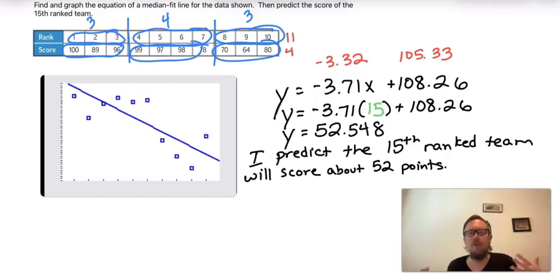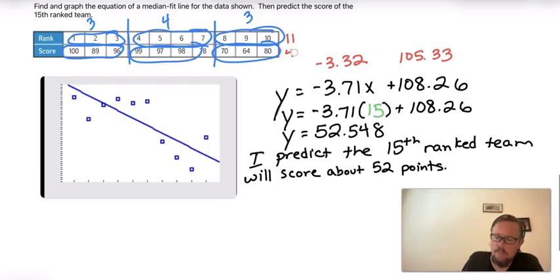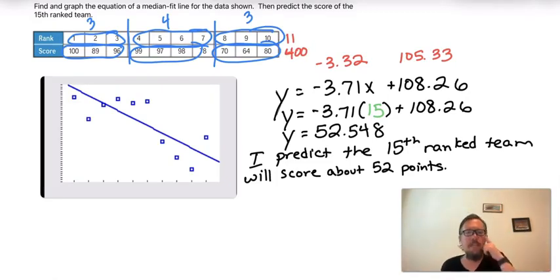So we wouldn't even include a 4 in there. We would just use the middle point. Likewise, if our 11th place team had 400 points, we would use the median for the exact same reason. 400 would really affect the equation of a best fit line, but a median fit line wouldn't even notice. So that's a time when you would use a median fit line over a best fit line.